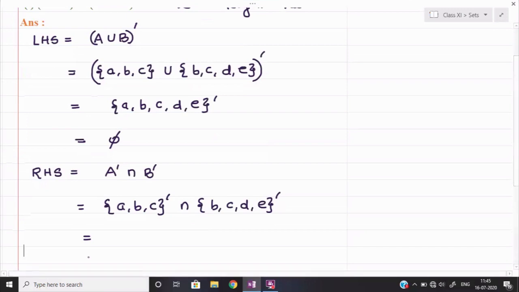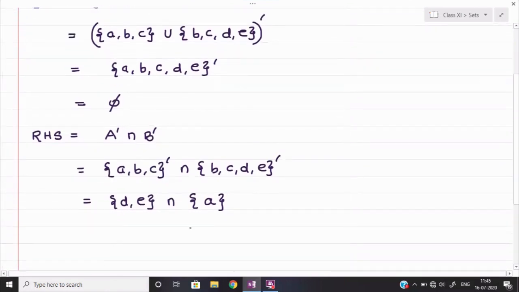A comma B comma C comma D and E. So if ABC I subtract, then remaining is D comma E. B comma C comma D comma E, if I subtract from U, then in U remains only A, and you can see the intersection between both of them is equal to the empty set.